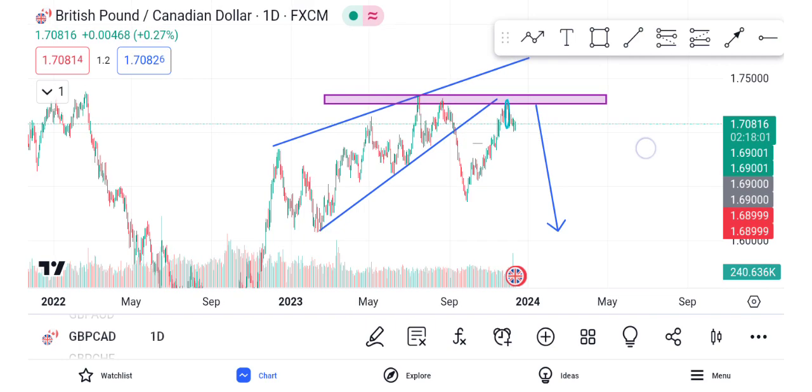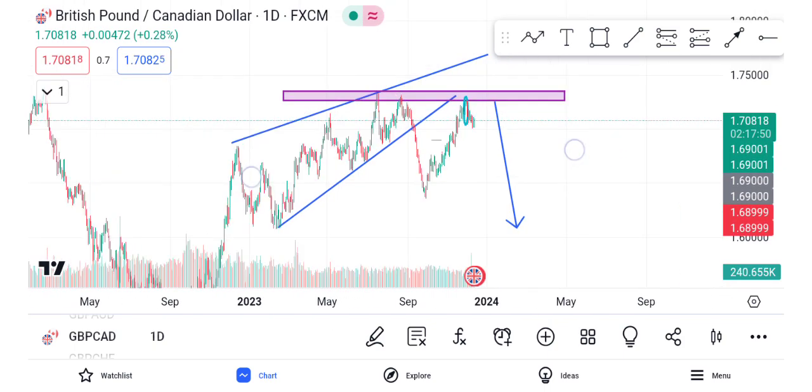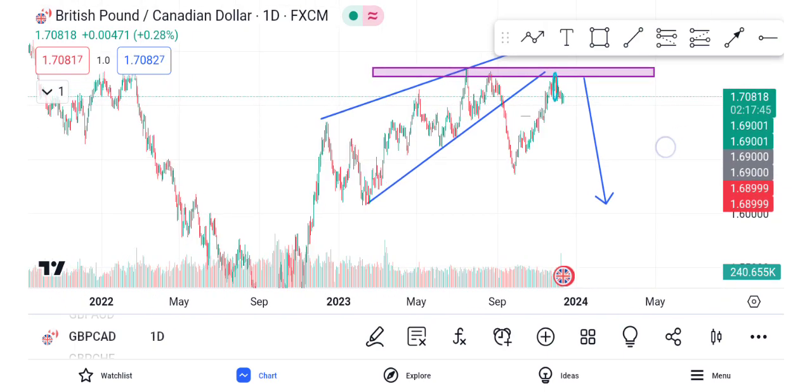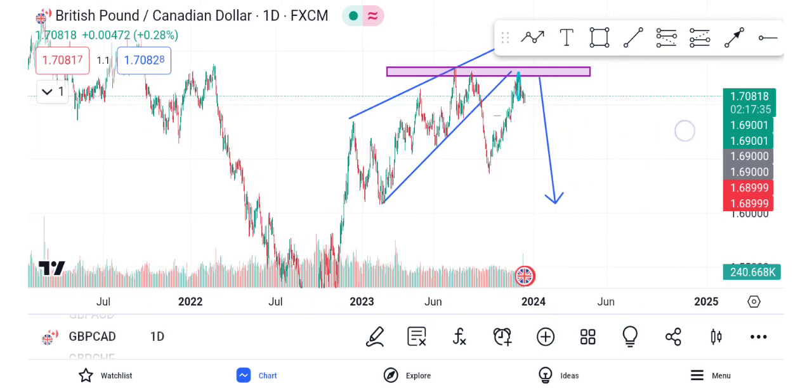So after we find the bearish rejection candle, we all know that the price is coming down. But before that, there are still some things we need to check before we are good to go, before we can say, okay, we want to enter our trade.